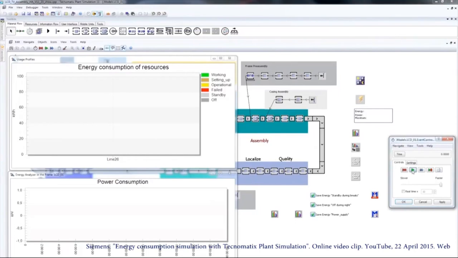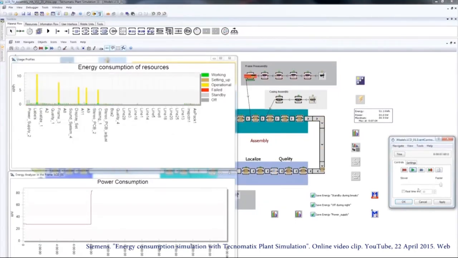So far, these plants are mostly designed for a static load with so-called simultaneity factors. The dynamic plant simulation of Siemens displays the real energy consumptions dependent on their actual simultaneously needed resources. Therefore, the expensive oversizing of the power supply hardware can be avoided. This is how our Technomatics plant simulation software helps our customers to save energy and costs sustainably.